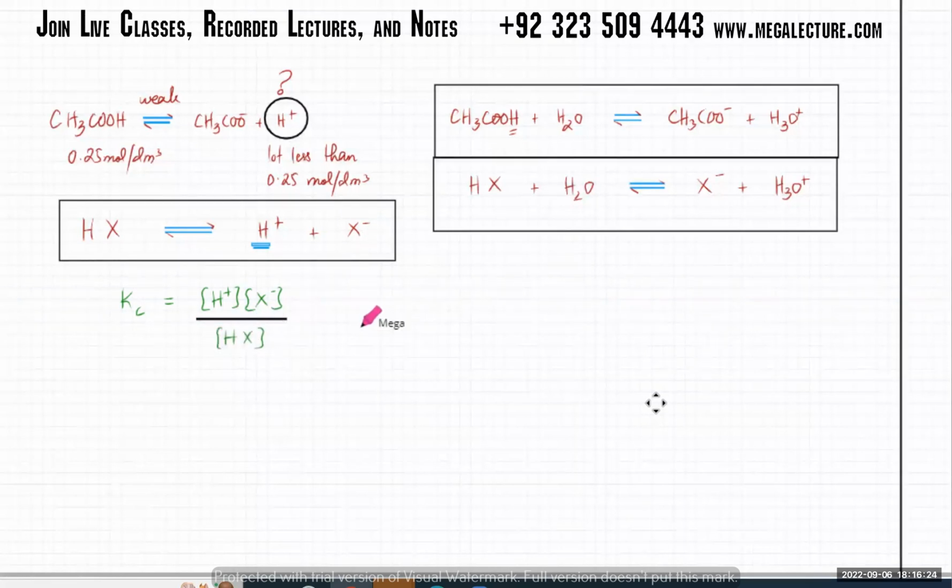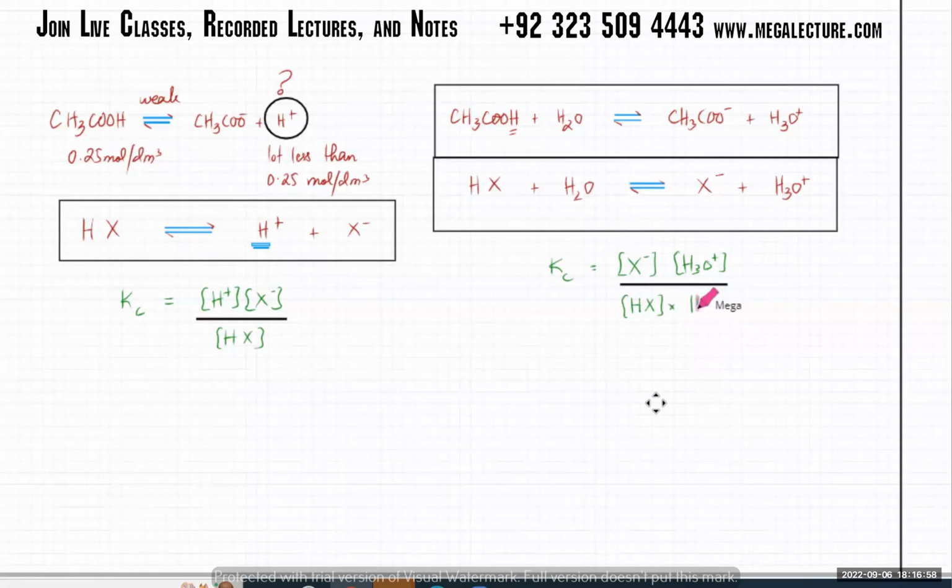If I use this equation, it's going to be kind of the same. Kc will be product concentration, so it's going to be X minus 1 concentration times H3O plus 1 concentration, which is basically H plus 1, and it's going to get divided by your reactant concentration, which in this case will be HX times the water concentration.